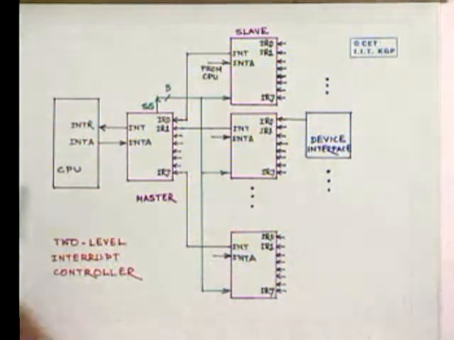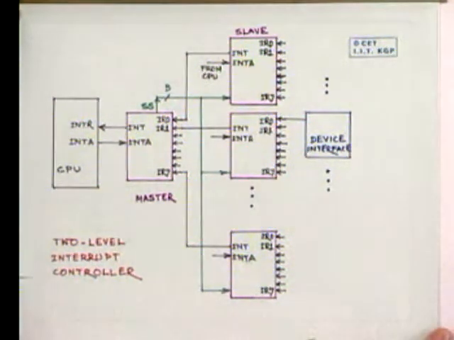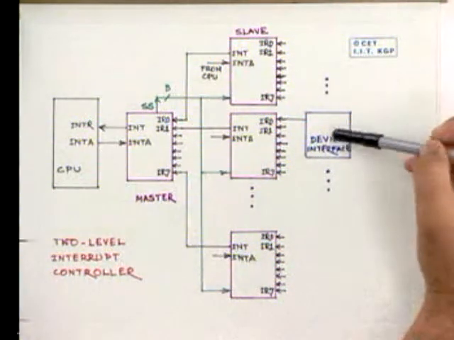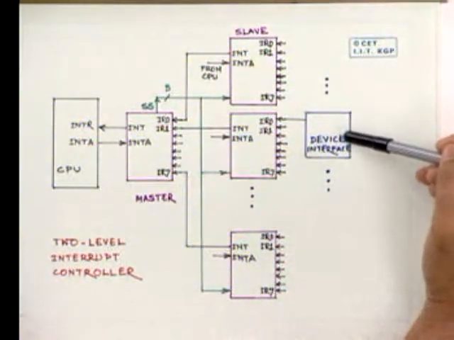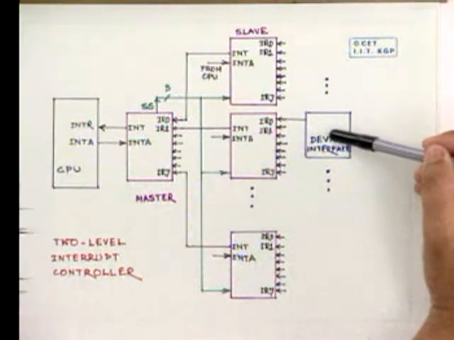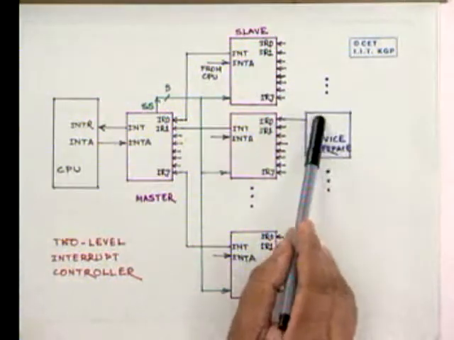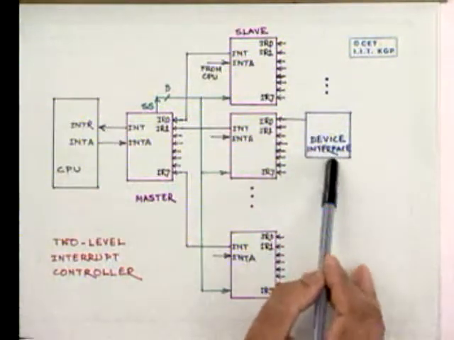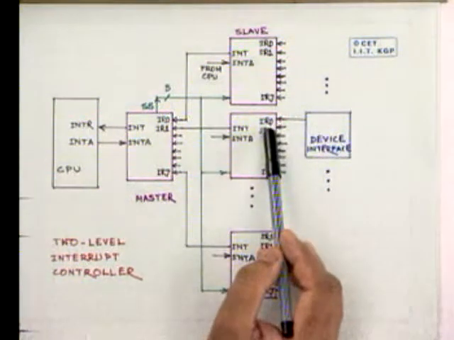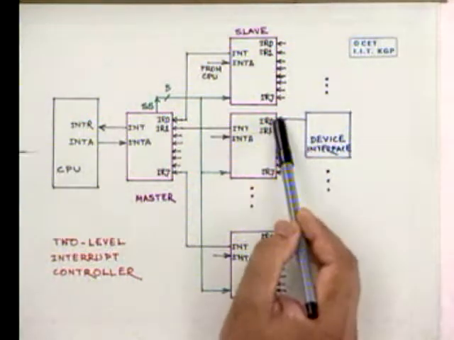Now here what happens, you see, the devices are connected to the slaves. For example, I have shown one particular device interface that is connected to the slave, say to IR0.